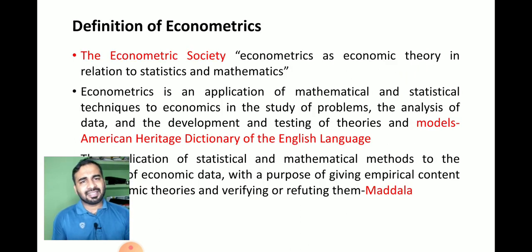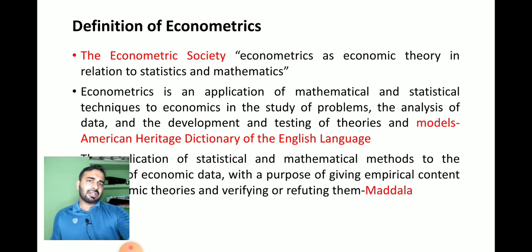How can we define the subject? In the same way that we have discussed now, we can define econometrics. Different authors, societies and dictionaries have given different types of definitions, but every definition gives the same idea or the same concept.